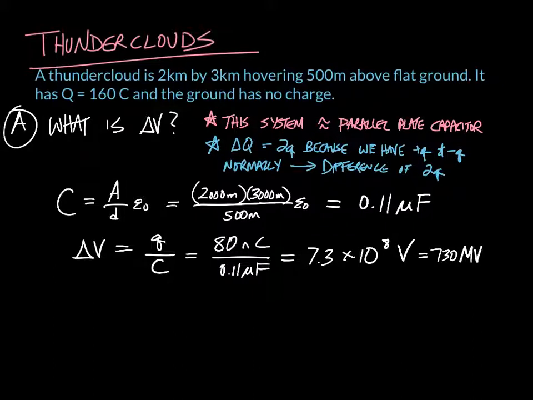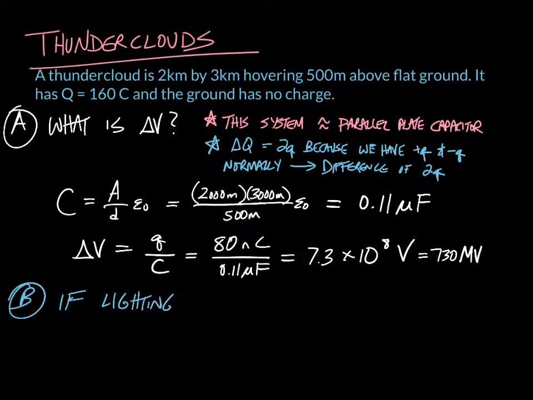Okay? And the breakdown voltage for air is 3 million volts. At least I'm pretty sure it's 3 million volts. So what we need to find out now is lightning. I may be wrong about that. If lightning, yeah, I think I am wrong.